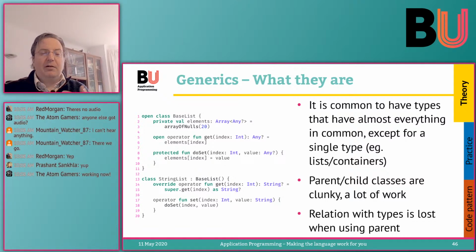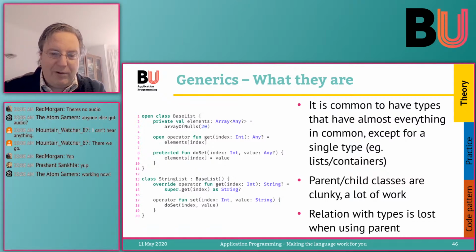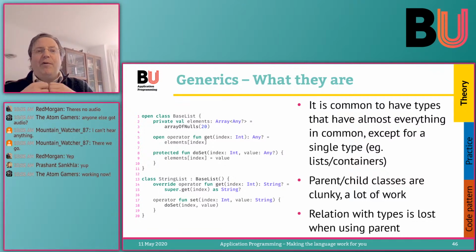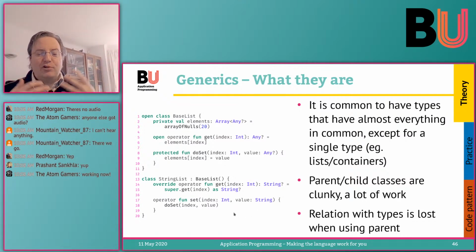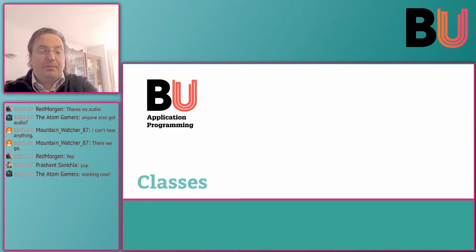That's not valid. Generics help you to do this. So generics effectively define a family of types rather than a single type, and the way that you have your in-out annotations defines how you can actually relate different types in this family.